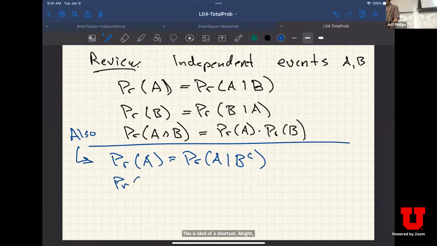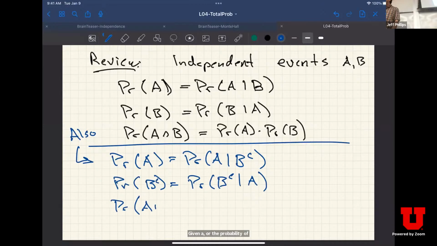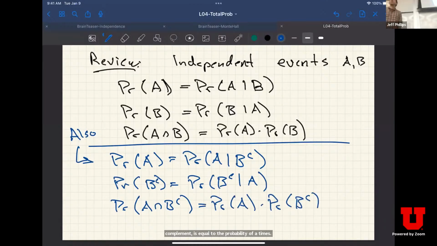So this is equivalent to the probability of B equals the probability of B given A, or I could say B complement given A, or the probability of A intersection B complement is equal to the probability of A times the probability of B complement.